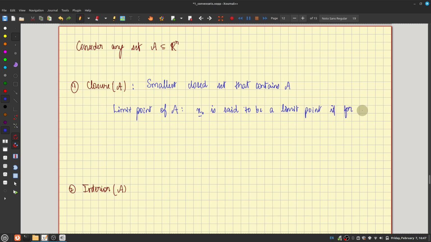If for every epsilon greater than 0, I can find some x that is in A, but different from x naught, such that this x is within epsilon distance to x naught.